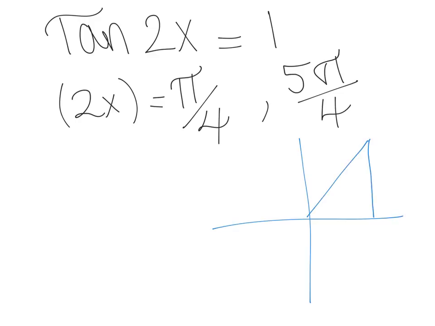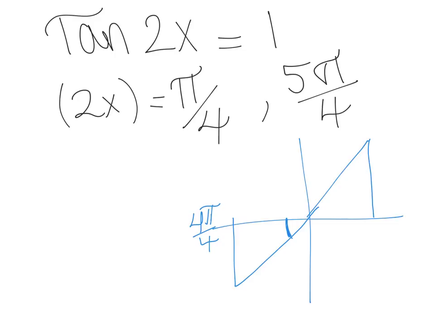So I have pi over 4, the 45, 45, 90 triangle, and then also tangent is positive in the third quadrant. And if I put that pi over 4 in the third quadrant, knowing that pi is 4 over 4, and now I have another pi over 4, I'll reach 5 pi over 4. So those are the two answers for one cycle of the graph.